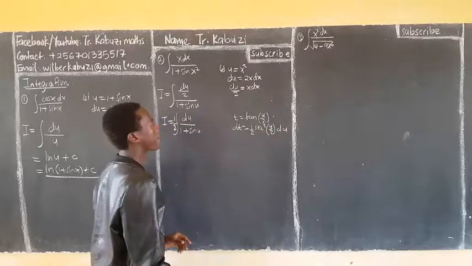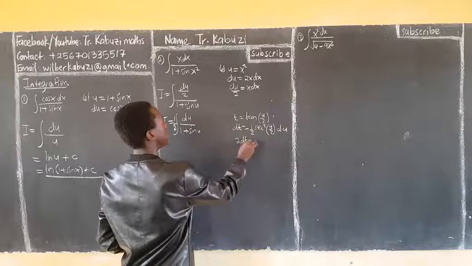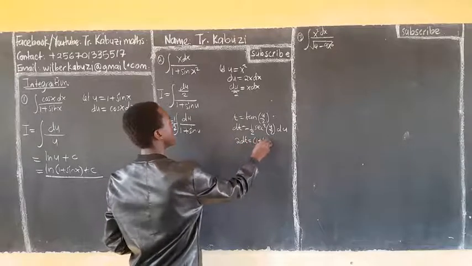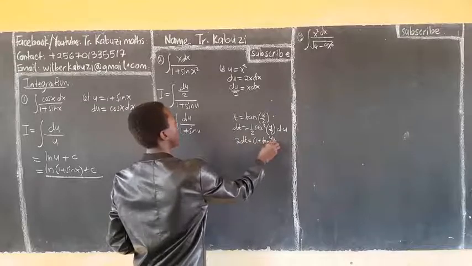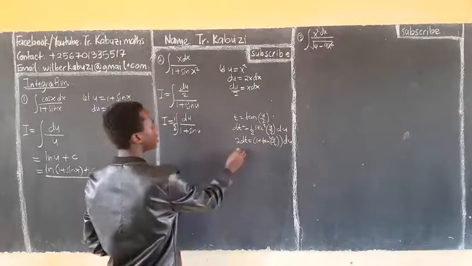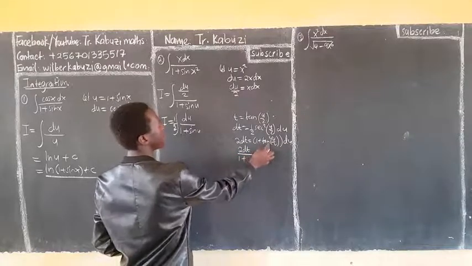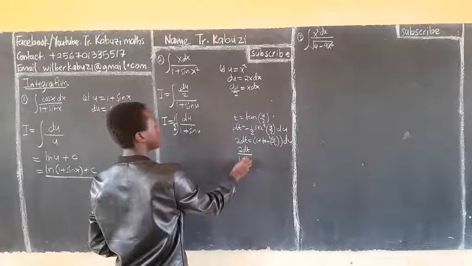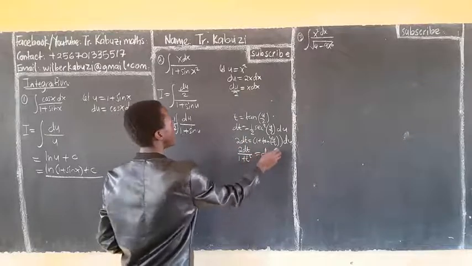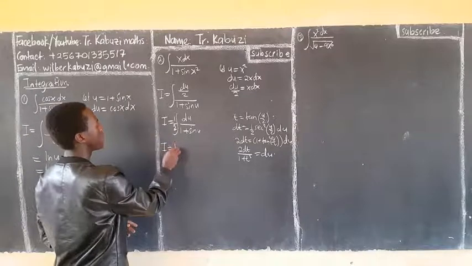So from here, 2 dt is going to be 1 plus tan squared of u over 2 du. This is for sec squared. So now my dt over 1 plus t squared is going to be my du.